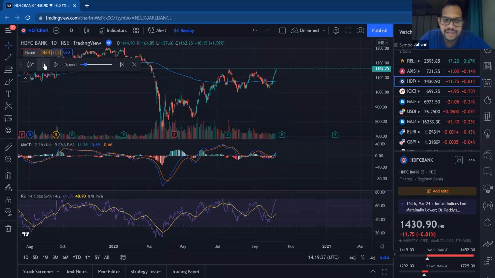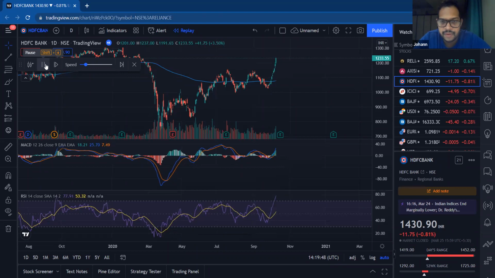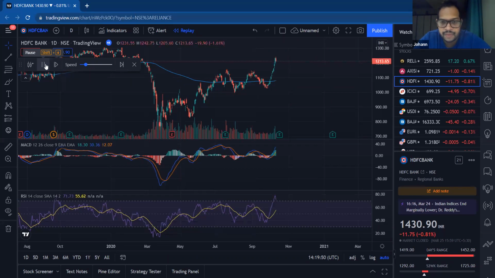And look at this. There you go. So now you've got a sign where the RSI has turned around. The bulls are still in control, but are seeing a red candle, right?